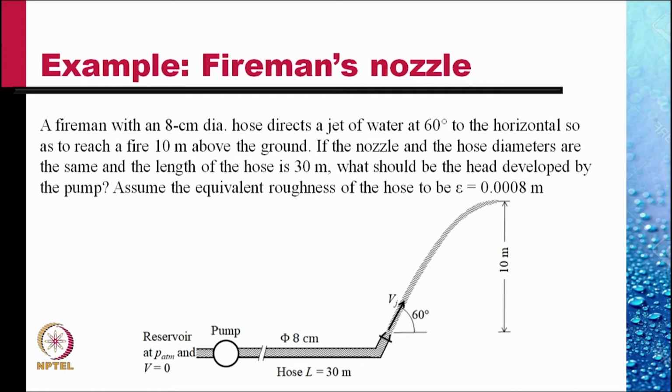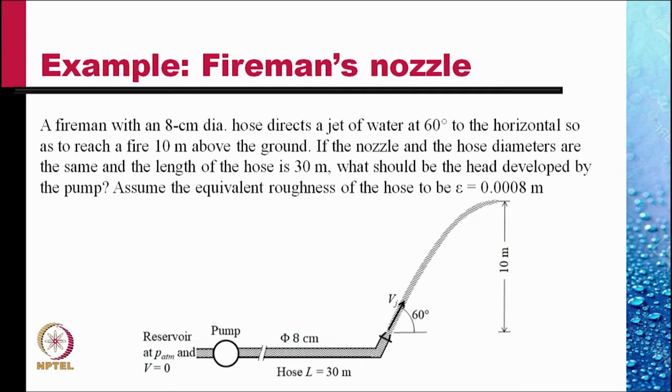If the nozzle and the hose diameters are the same, that is, the nozzle is not reducing the flow area, and the length of the hose is 30 meters, what should be the head developed by the pump? Assume the equivalent roughness of the hose to be 0.008 meters, that is 0.8 millimeters.